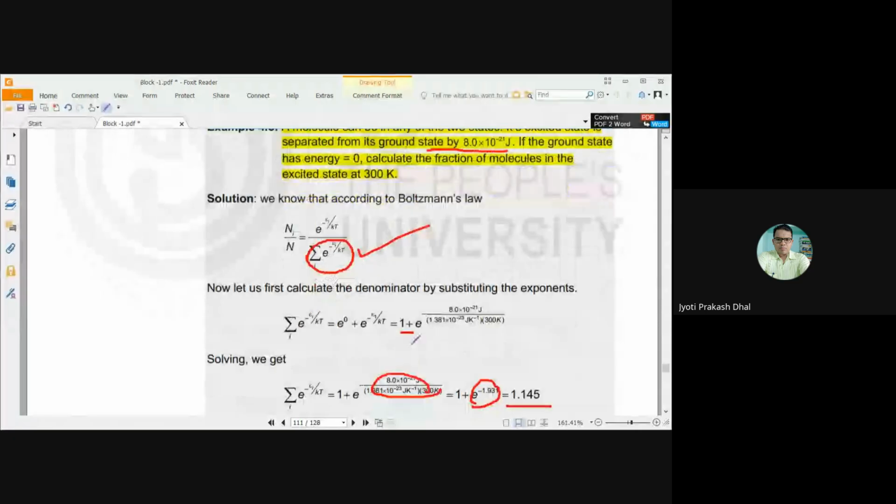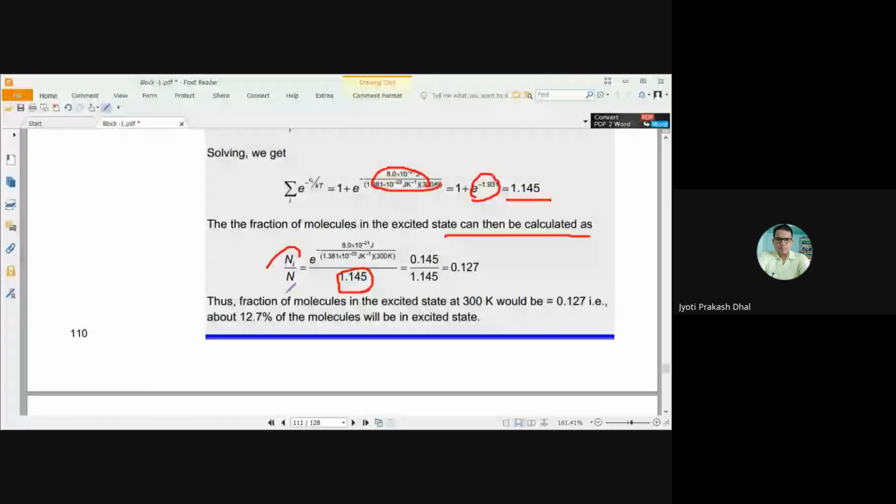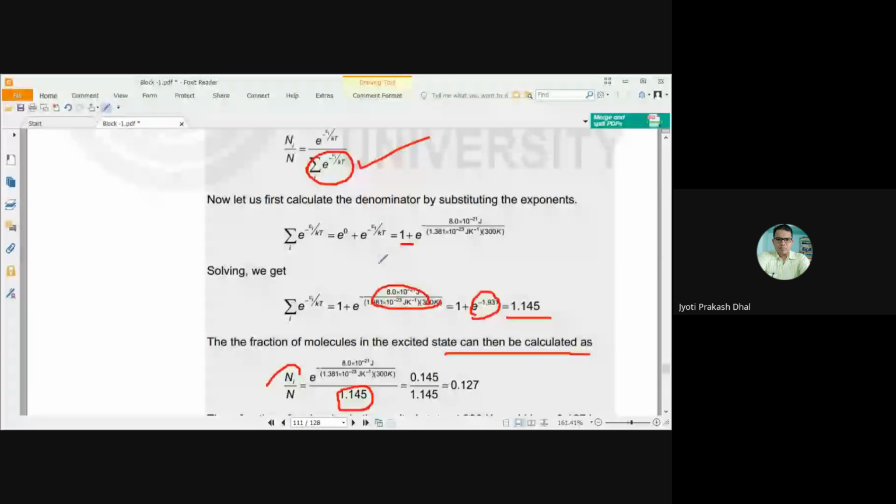The denominator value is 1.145, and after that the fraction of molecules in the excited state is e to the power minus epsilon i by kT.